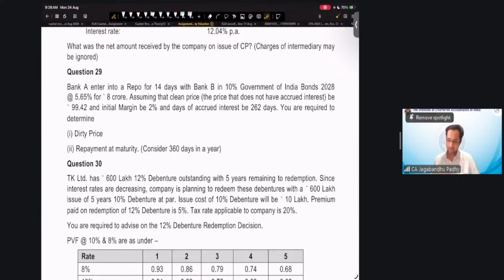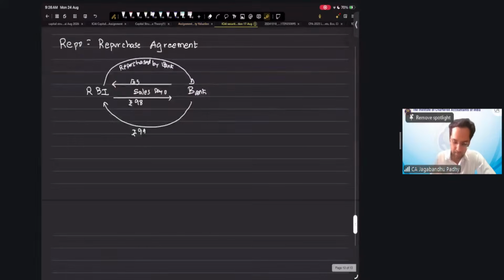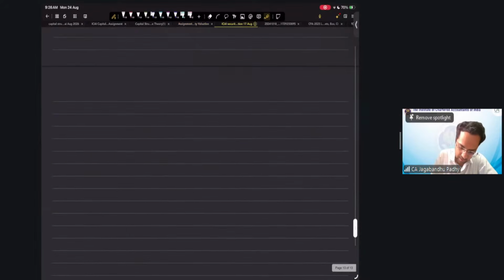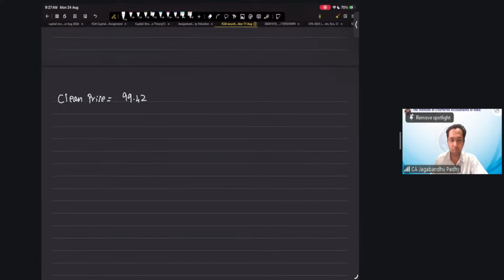So the clean price, the price that does not have accrued interest, is given to us as 99.42. I need to get the dirty price, which is basically adding the accrued interest to it. Let us get the accrued interest.